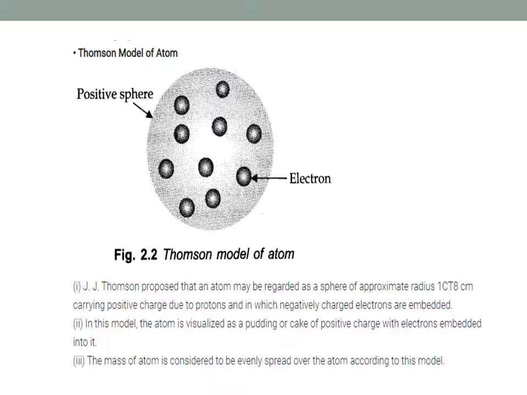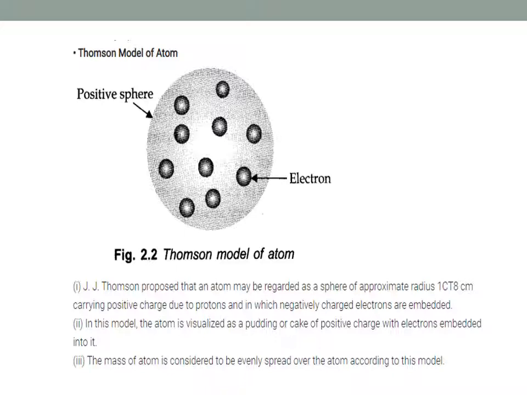So the points of this model are: number 1, J.J. Thomson proposed that an atom may be regarded as a sphere of approximate radius 10^-8 cm carrying positive charge due to protons and in which negatively charged electrons are embedded.